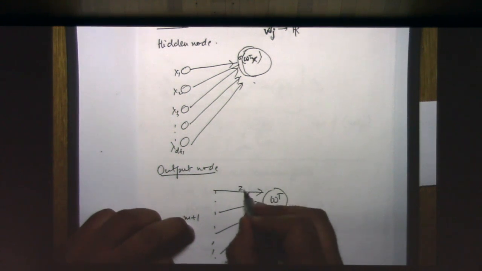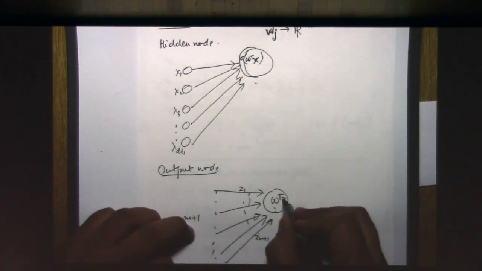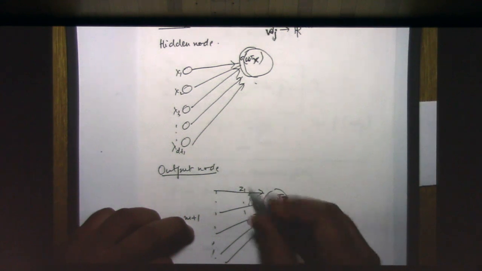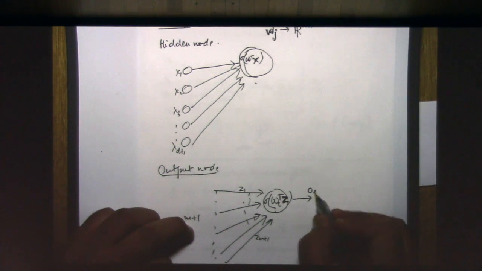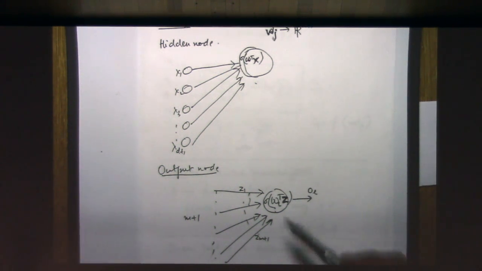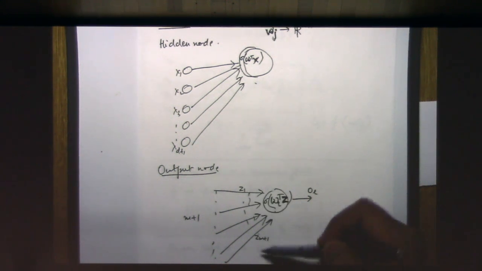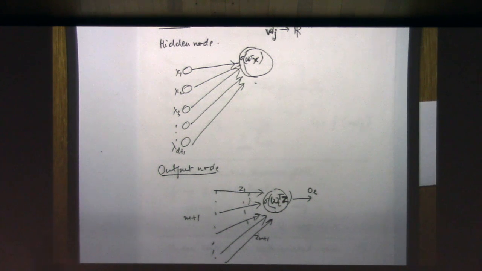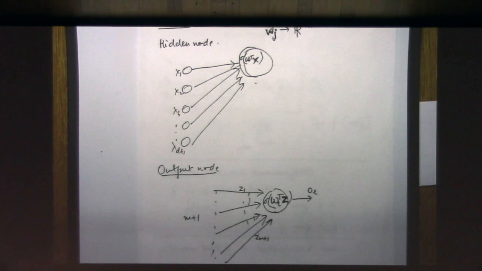Let's call them z, so z1 through z M plus 1, and this one does a w transpose z, where z is a vector that contains all of these, and then does a sigmoid of that and sends it out, right? So that's the o of l. Which means that the weight vector that you need at each output node has M plus 1 dimensions, because it needs to take the M plus 1 input wires coming in. All right? So that's kind of the structure. Any questions so far?